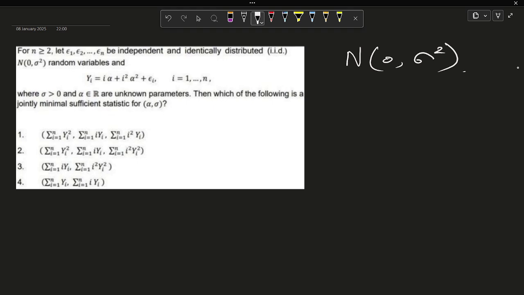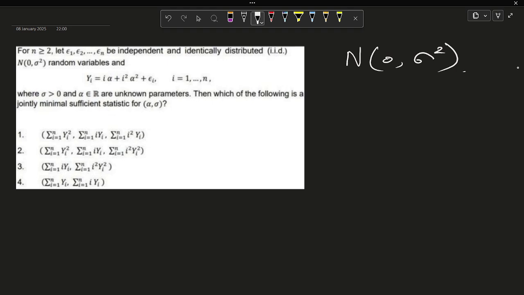My random variables are y_i equals i alpha plus i square alpha square plus epsilon i, where i runs from 1 to n, sigma is greater than 0, and alpha belongs to R, are the unknown parameters.